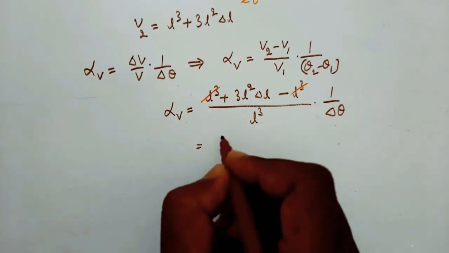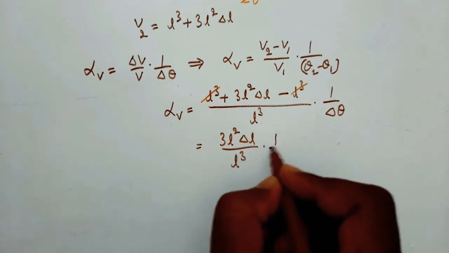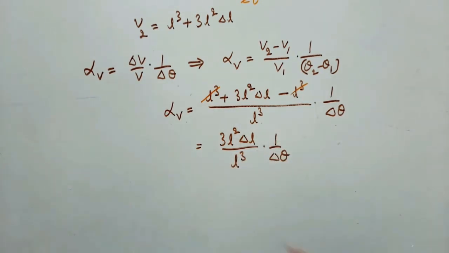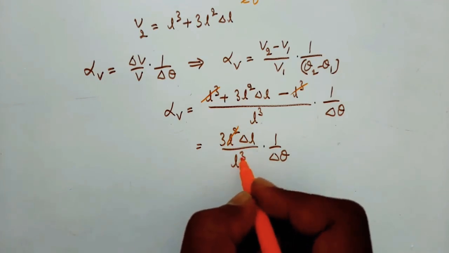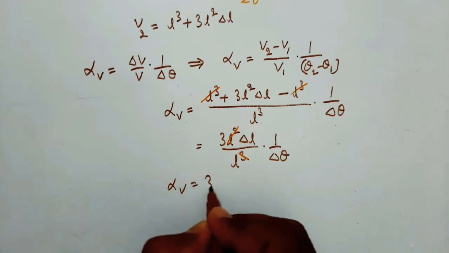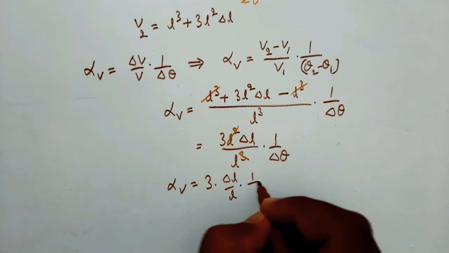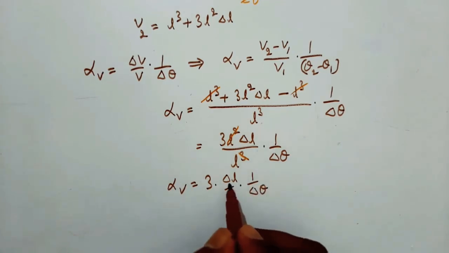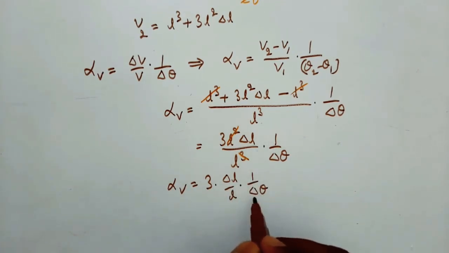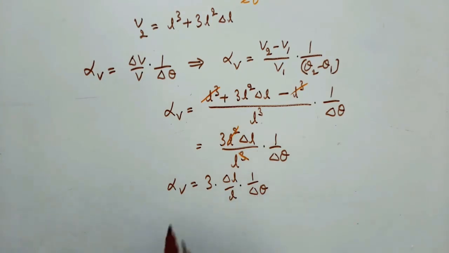So it is 3L square into del L by L cube into 1 by del T. L square cancels. Finally alpha V is equal to 3 into del L by L into 1 by del theta. Here del L by L into 1 by del theta is coefficient of linear expansion. So we can write alpha V is equal to 3 into alpha L.